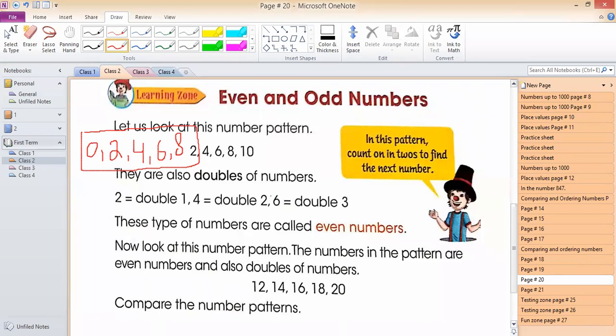Let's suppose I give you the example 92. In 92, 2 is the last digit. So this is an even number.